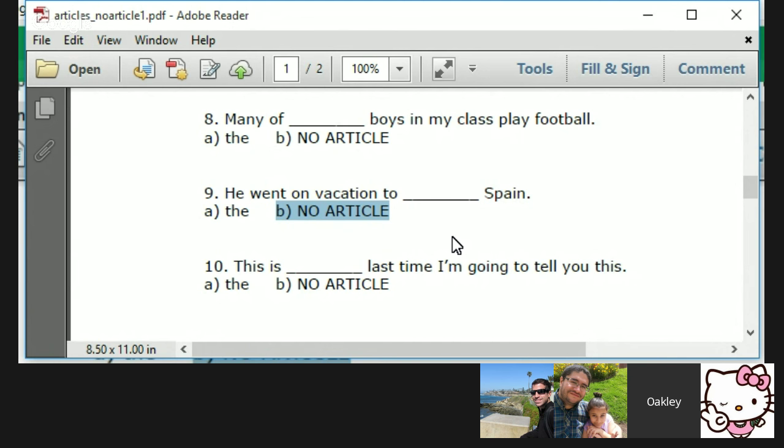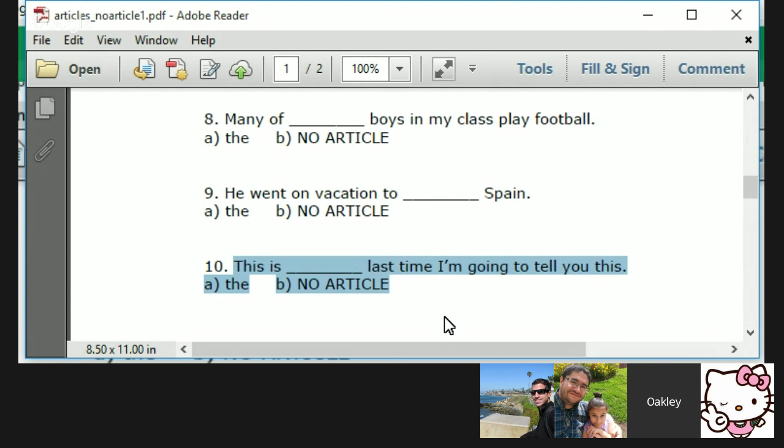Buildings and bridges, the Golden Gate Bridge, the Taj Mahal, we do use the. It gets very complicated with the. But definitely countries, sticking with that one aspect of the rule, no article. Never. And it's certainly not the indefinite article either. Neither one.